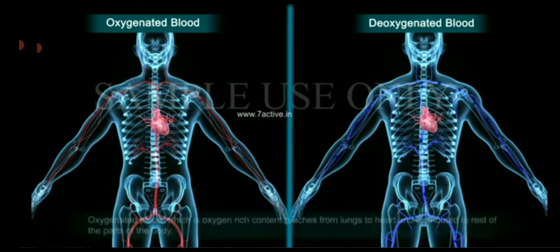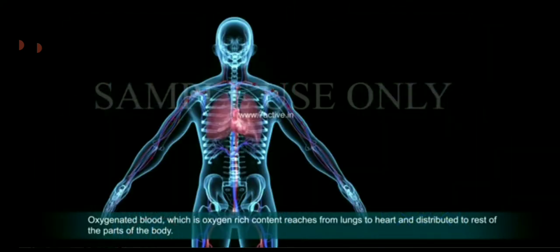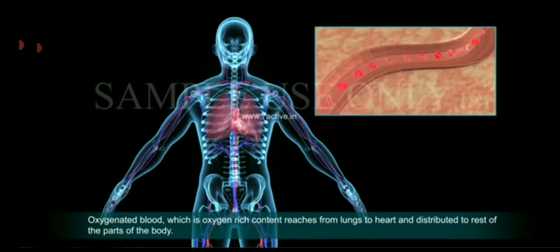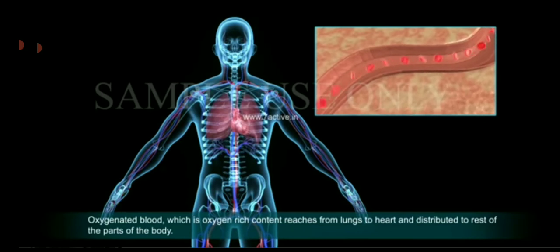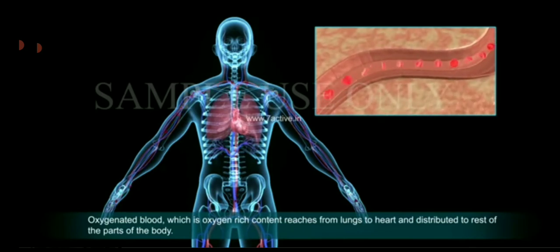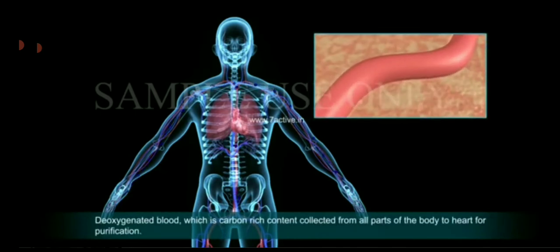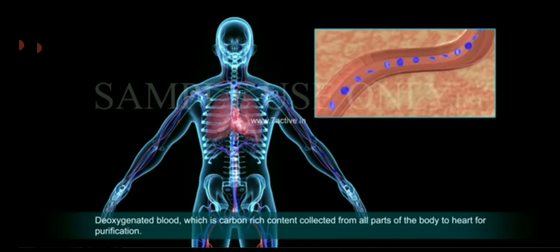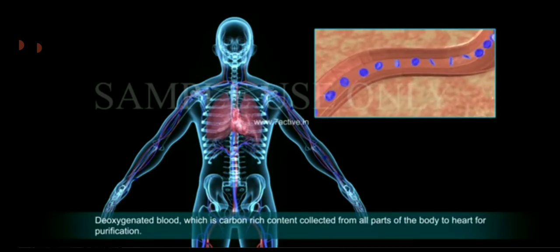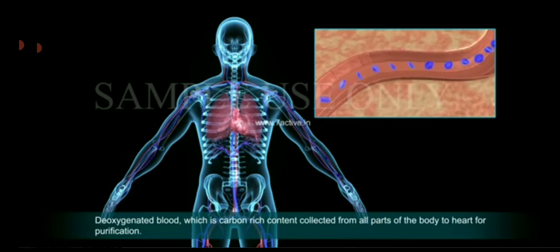Understood? Oxygenated blood, which is oxygen-rich, reaches from the lungs to the heart and is distributed to the rest of the parts of the body. Deoxygenated blood, which is carbon-rich, is collected from all parts of the body to the heart for purification.